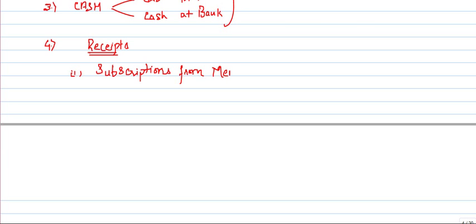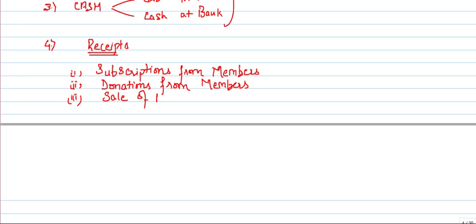From members, right? Second thing, I can say donations from the members, right? Then now sale of fixed assets.